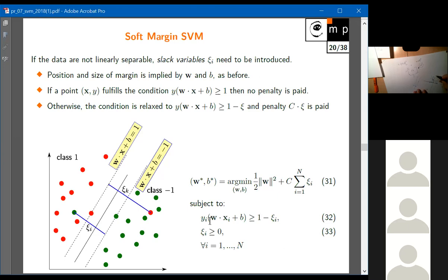At the point of the decision boundary, you pay 1, and that's where you switch. So this loss which we introduce is always an upper bound of the classification error.